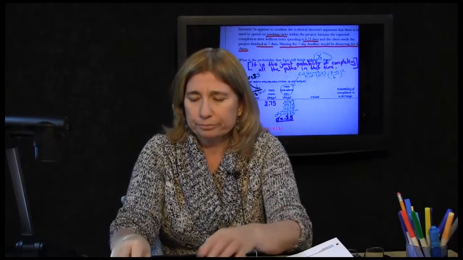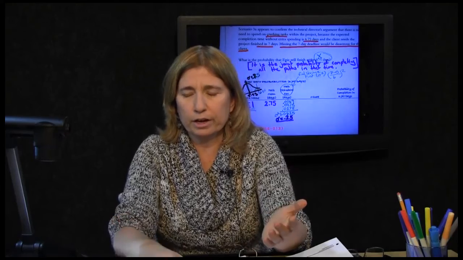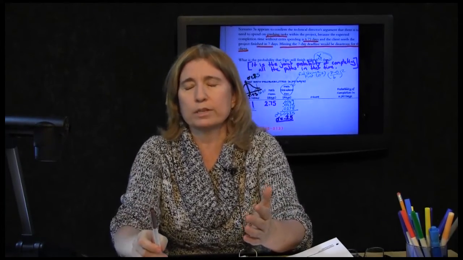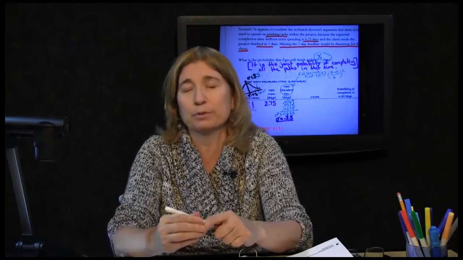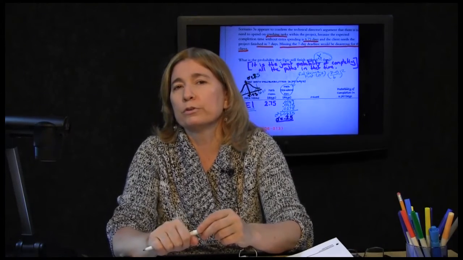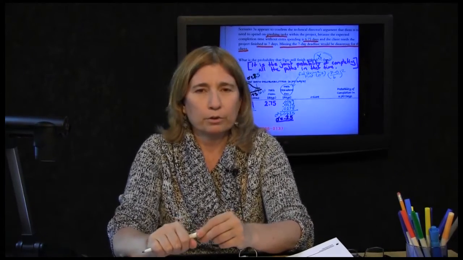Oh, well, I don't have a table that tells me the area underneath the curve to the left of 6.75 for a curve whose center happens to be 2.75 and whose standard deviation happens to be 0.25.